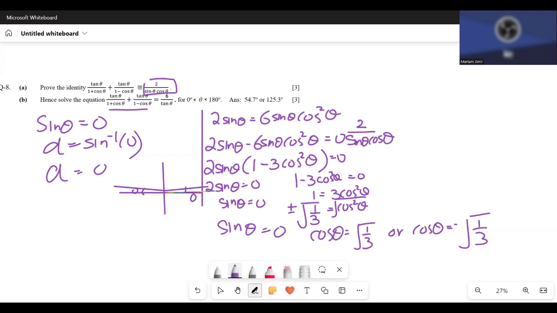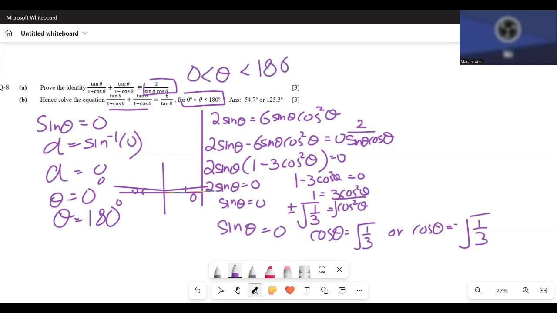So we have two angles within the given domain. One is 0 degrees itself, so theta equals 0 degrees. And the other one would be 180 minus 0, which is 180 degrees. But the problem with these solutions is that they do not lie in the domain. The domain is theta greater than 0 and less than 180.